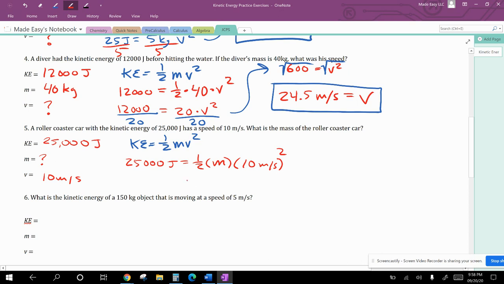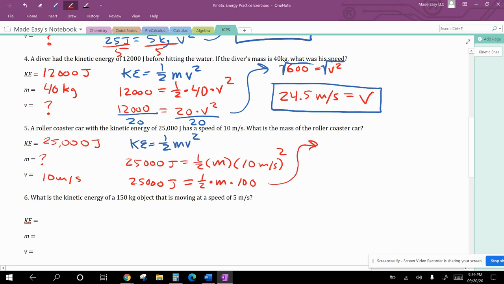So what we need to do, well, you have to do your exponents first. So as we rewrite this equation, we're going to have 1/2 times m times 10 times 10 is 100, and we'll have our 25,000 joules right there.